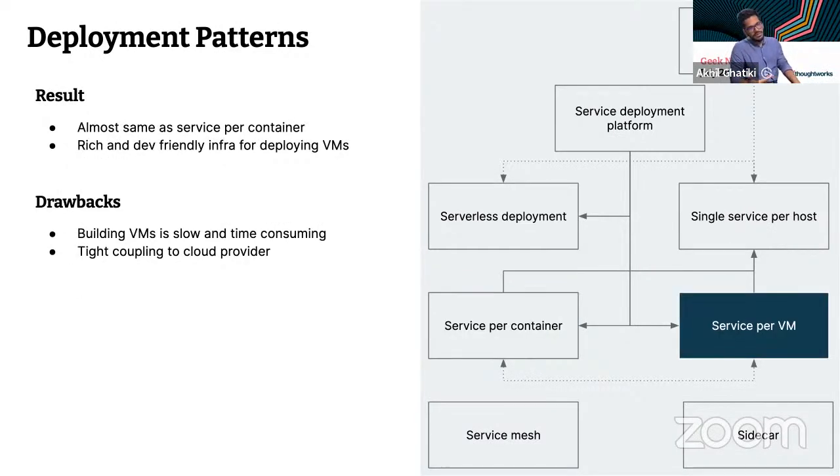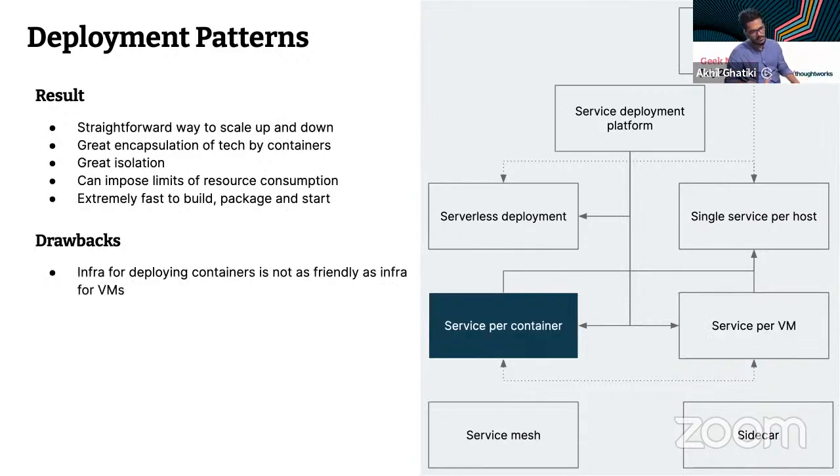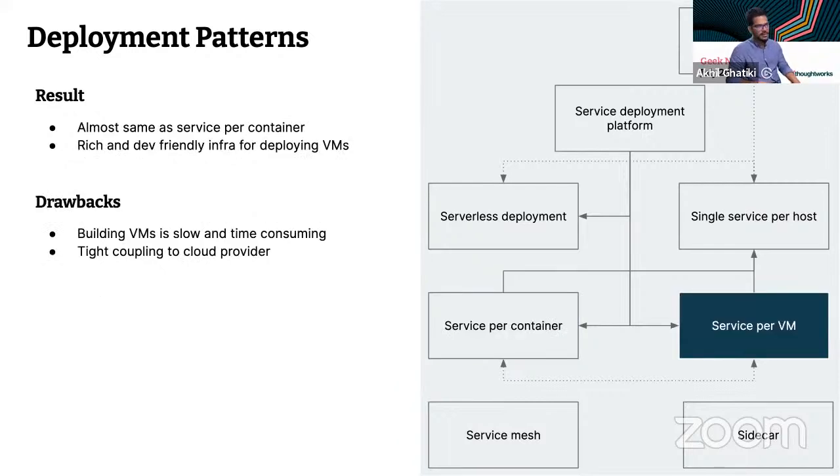And when you're going for a service per virtual machine, it is almost the same as a container, but you have very rich and developer-friendly infra deployments for the VMs that you have. Again, it's a lot of trade-offs that you have to choose from if you are going with service per container or service per VM. There are a lot of other concerns that you need to talk about, but I've kept this so you can pick the vocabulary out of this and go read about it. I'm not going to dive deeper into this.